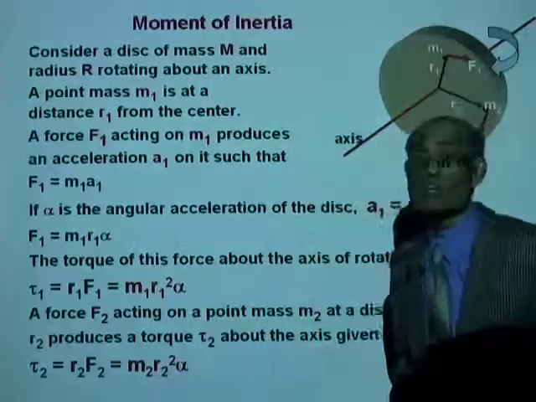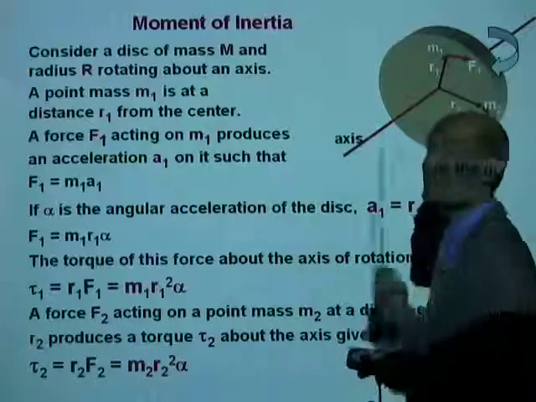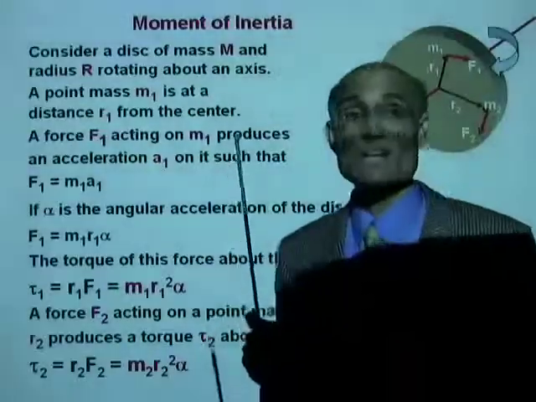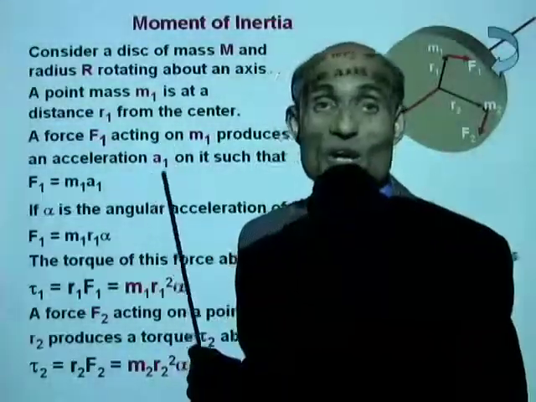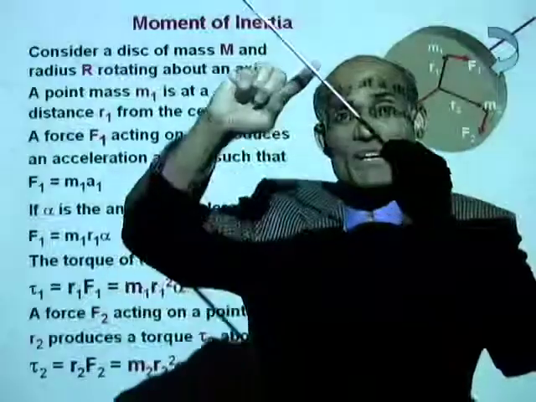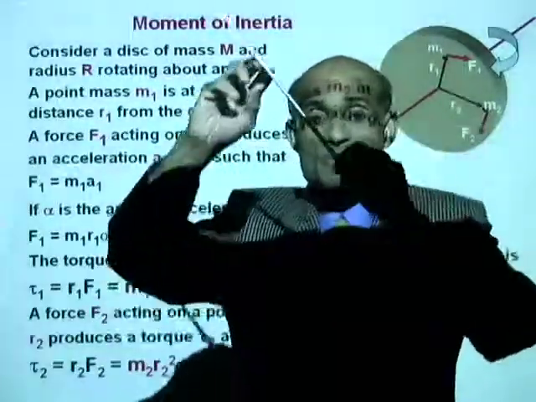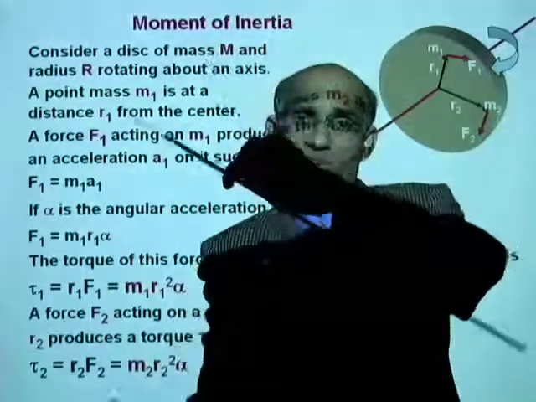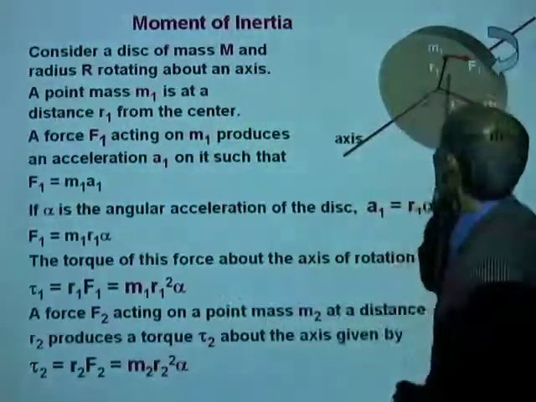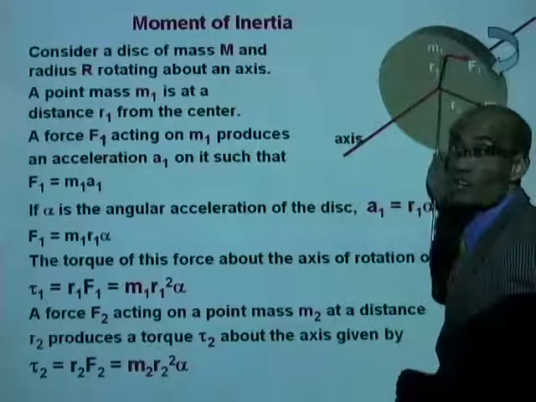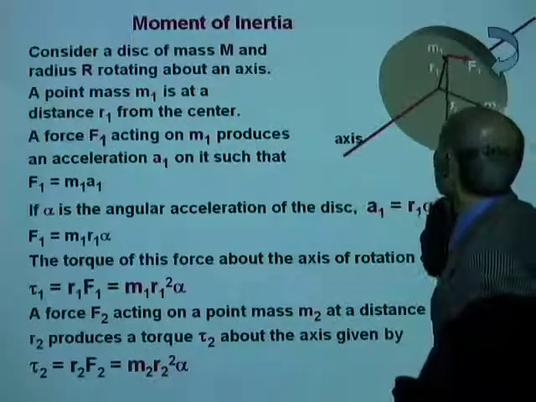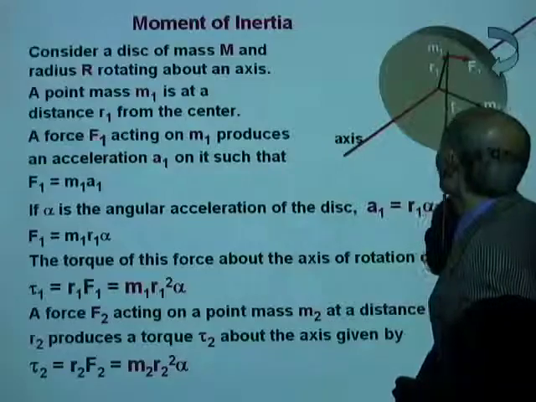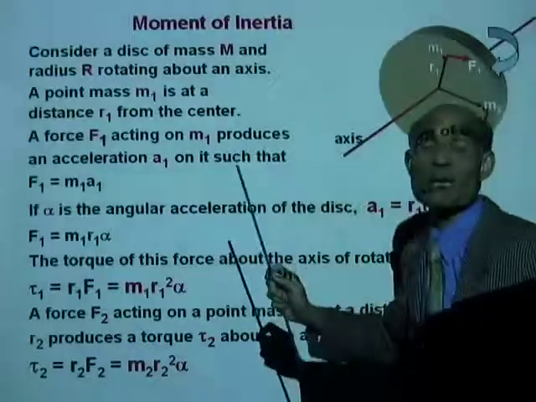Will alpha be different for these two particles? We had talked about it earlier. You see, as the radius rotates, it describes the angle. That means the angular acceleration of any particle on the disk will be the same.